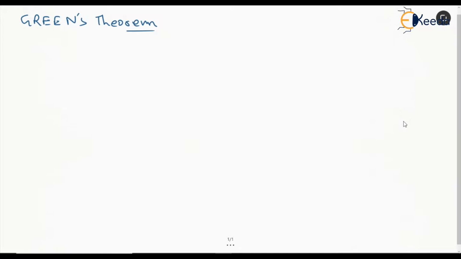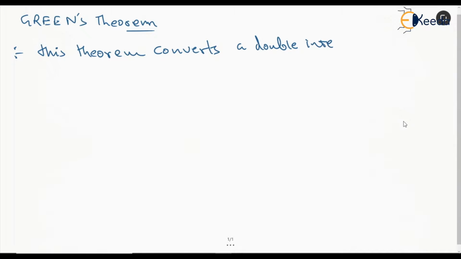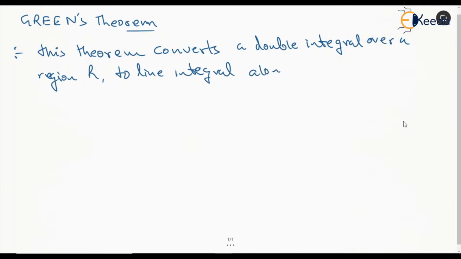Well, this is a theorem that converts a double integral, let's say over a region R, to a line integral along its boundary.